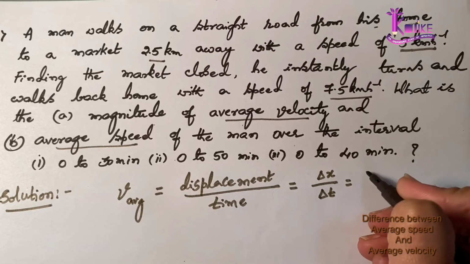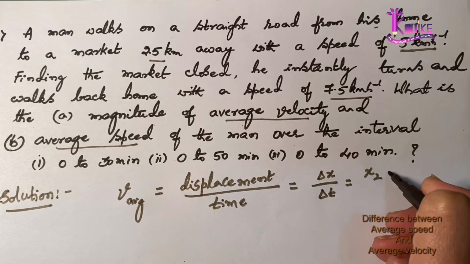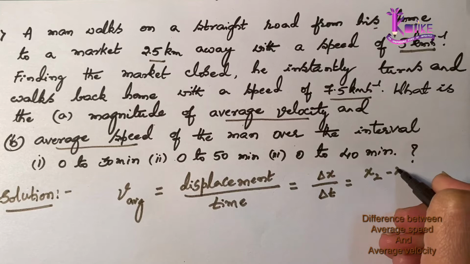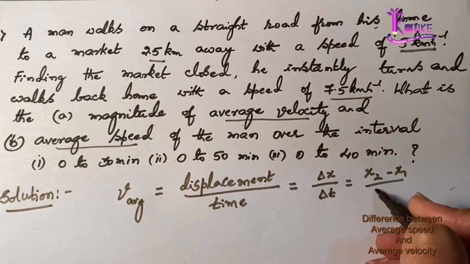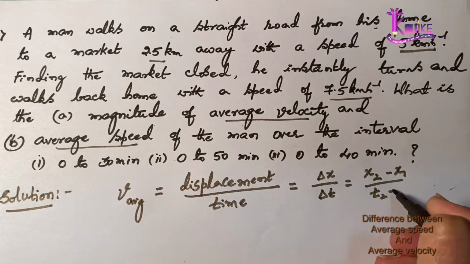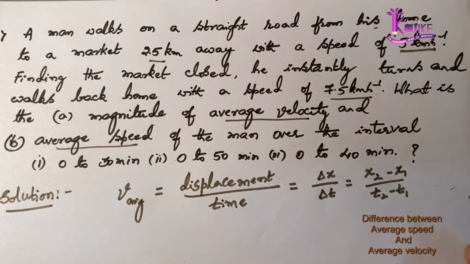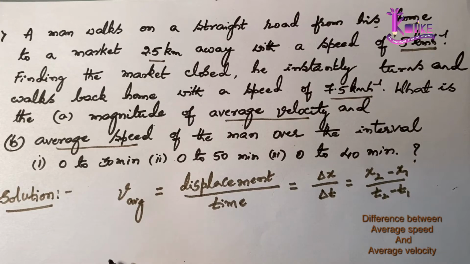In other words, it is simply the difference between the final position and its initial position divided by the time interval.